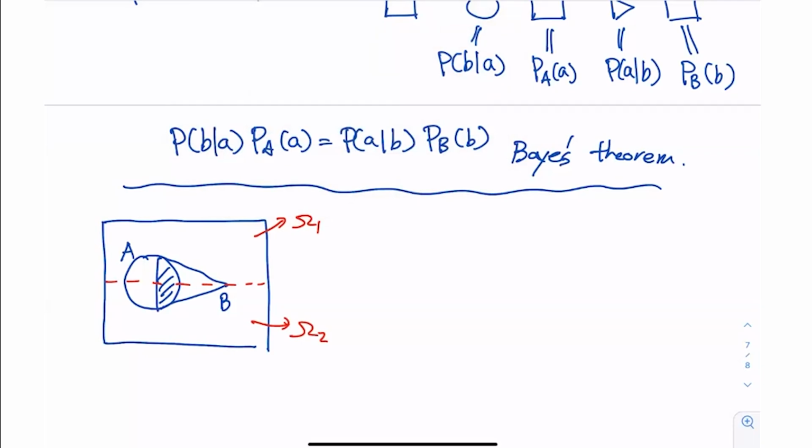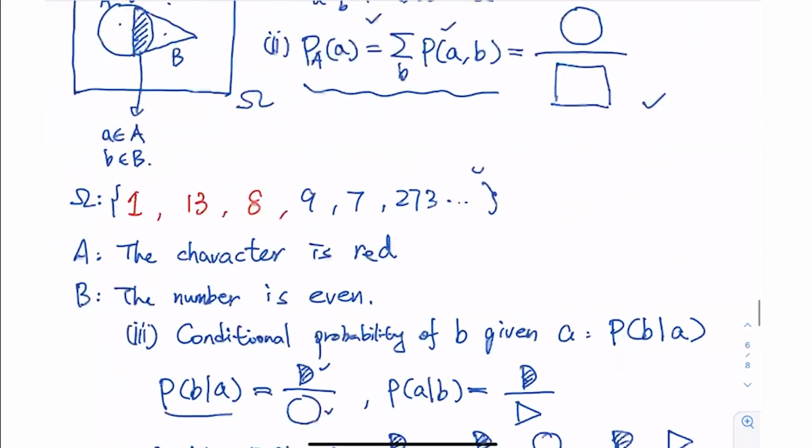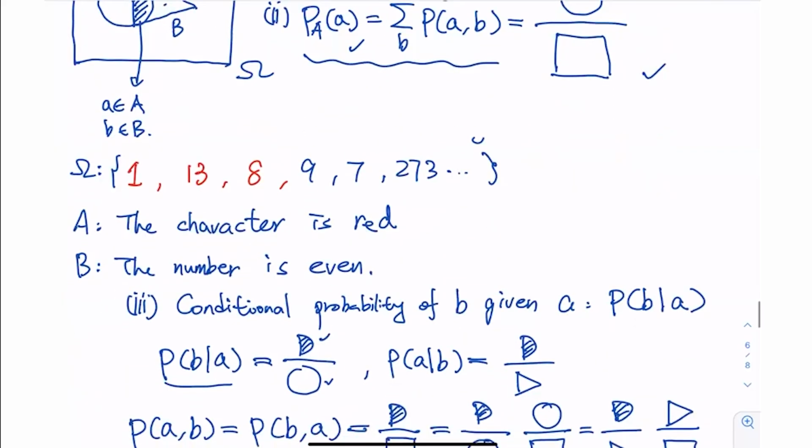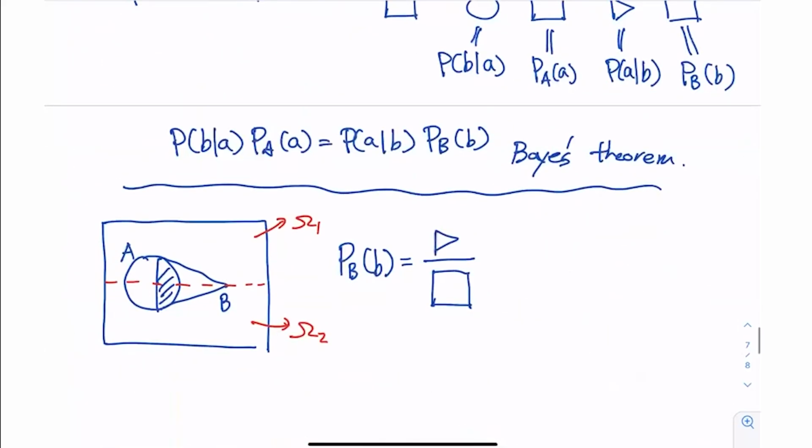Okay, so the marginal probability of B is basically this. This is basically from our previous definition, but I just replace A with B. The reason is that the triangle is not symmetric about left and right, but the circle is always symmetric.